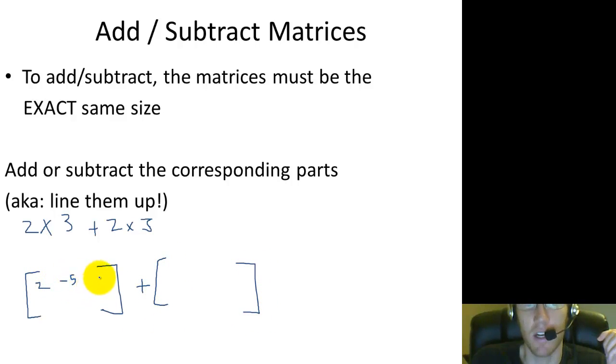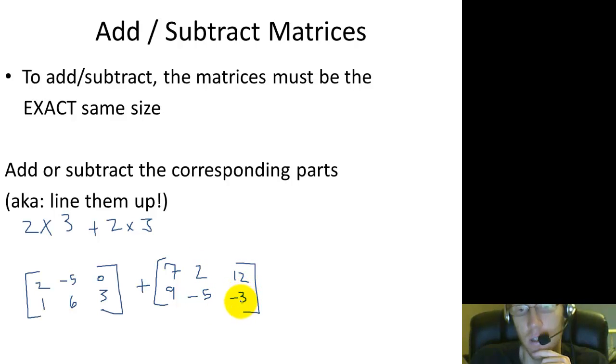Let's put some random numbers in here: 2, negative 5, 0, 1, 6, and 3. That could be our first matrix, 2 rows, 3 columns. And our second one might be something else that's random: 7, 9, 2, 12, negative 5, and negative 30. In order to add or subtract 2 matrices, you line them up as if they were on top of each other, and you add or subtract the corresponding parts.